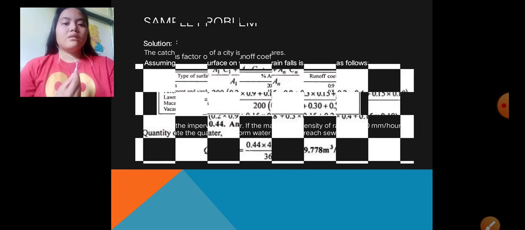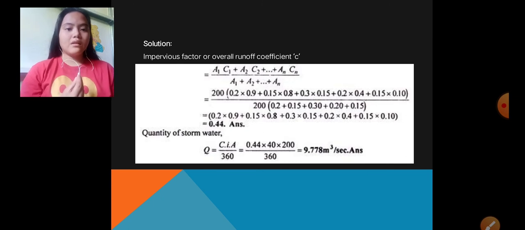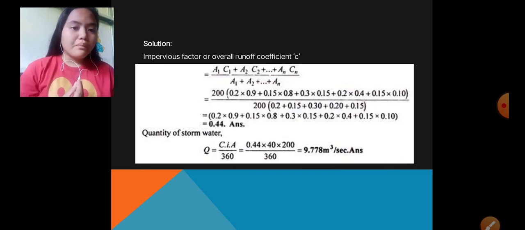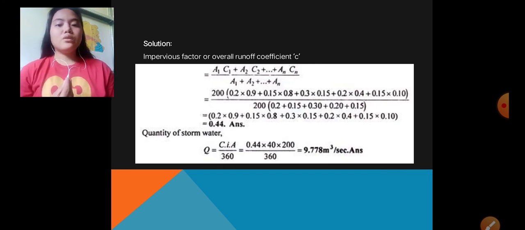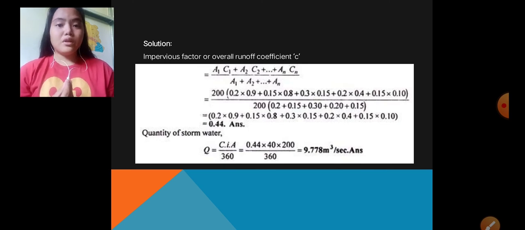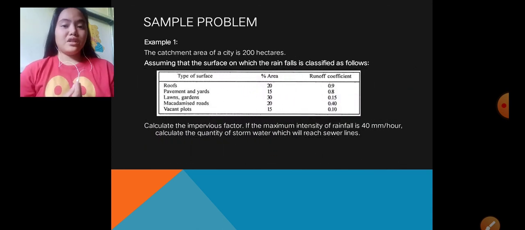So 200 times 0.2 times 0.9 plus 0.15 times 0.8 plus 0.3 times 0.15 plus 0.2 times 0.4 plus 0.15 times 0.10, over 200 area and the percentage area of the types of surfaces.